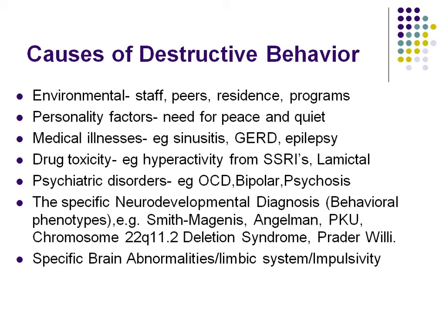And it's kind of a non-specific finding, but nonetheless, it does seem to reflect ventricular enlargement, which may reflect damage to the limbic system, the caudate and controlling areas that control the amygdala, and that may explain the impulsivity that a person has.